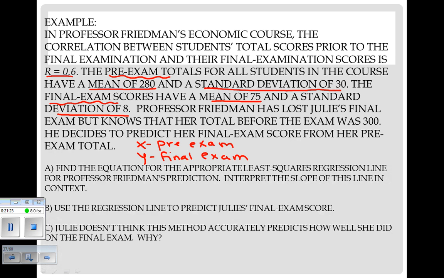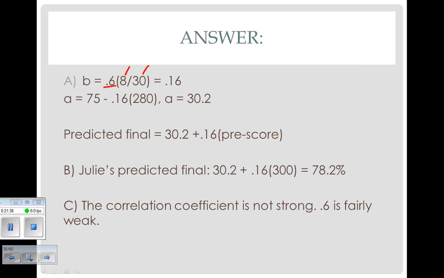All right, so here I can see that the pre-exam standard deviation is 30, and the final exam standard deviation is 8. So that's why I could put the standard deviation of the y over the standard deviation of the x. Then I can find my a.